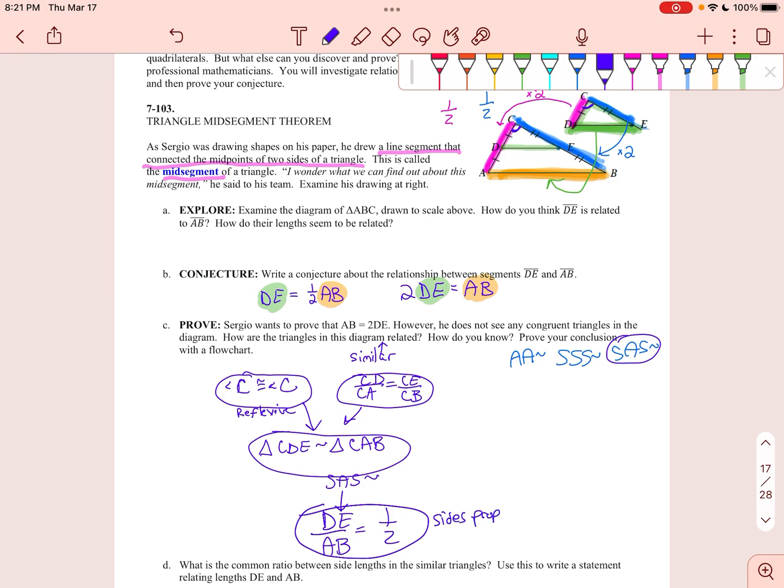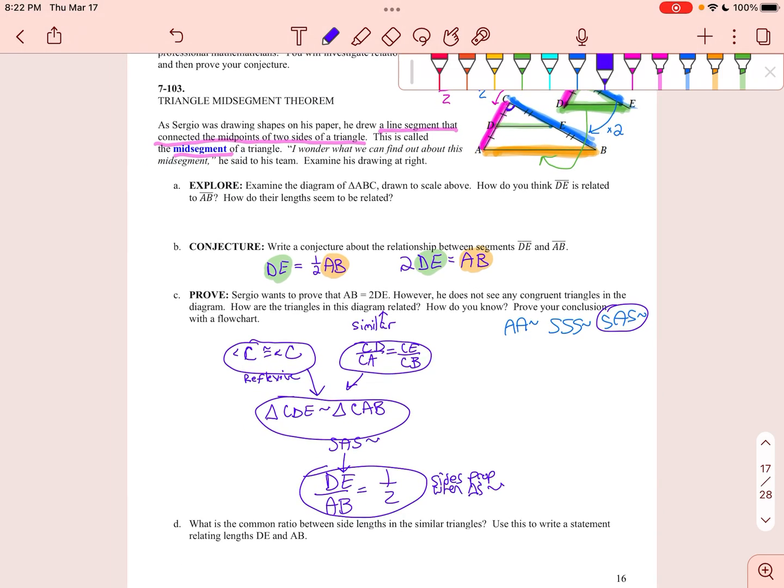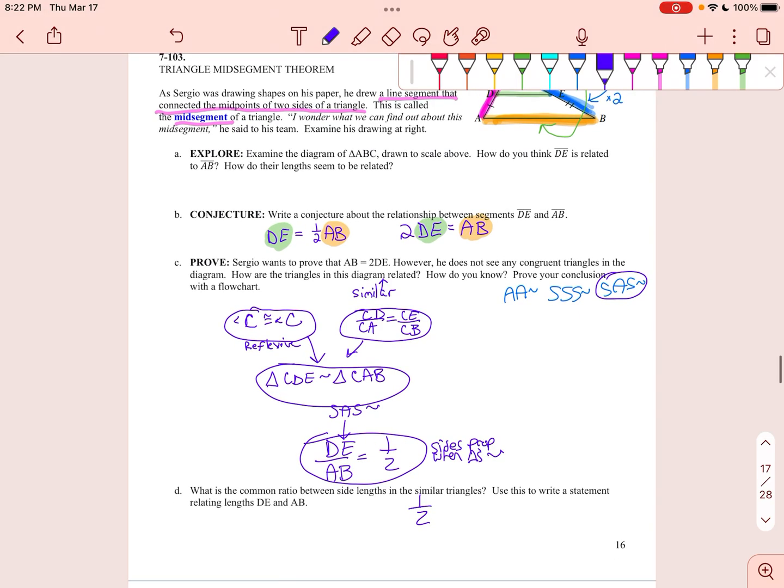Sides proportionate when triangles are similar. So because those triangles are similar, those sides have to be proportionate. So it says, what's the common ratio between the side lengths? And the ratio is 1-to-2. Okay. You can also say the scale factor is 2 if you'd like to do that.